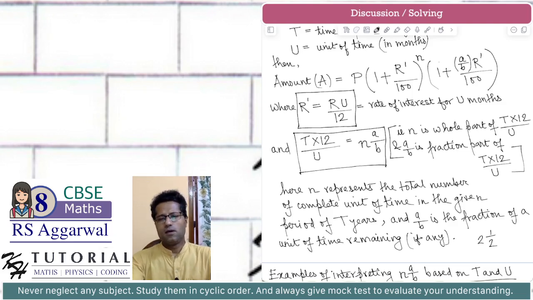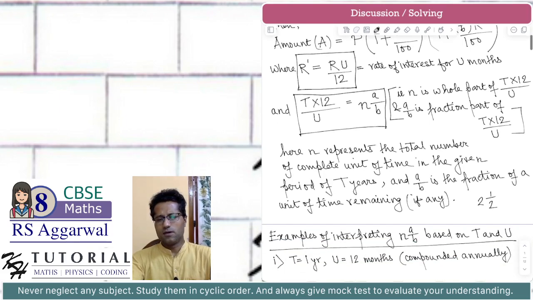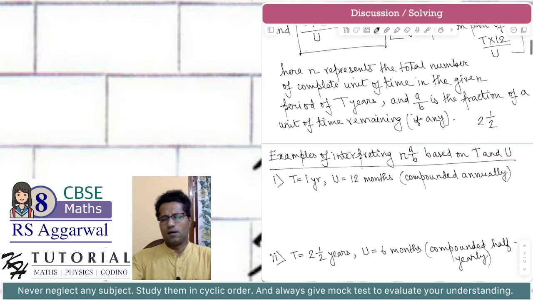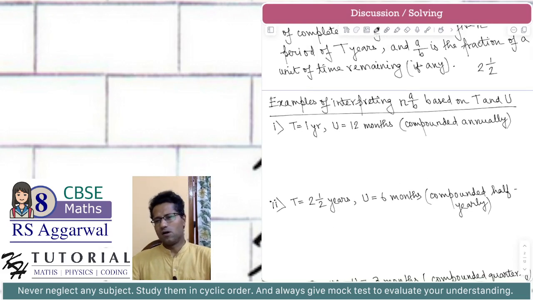Okay. So once this is understood, now let's try to interpret n and a by b based on t and u. These are some examples of t and u and their corresponding n and a by b.